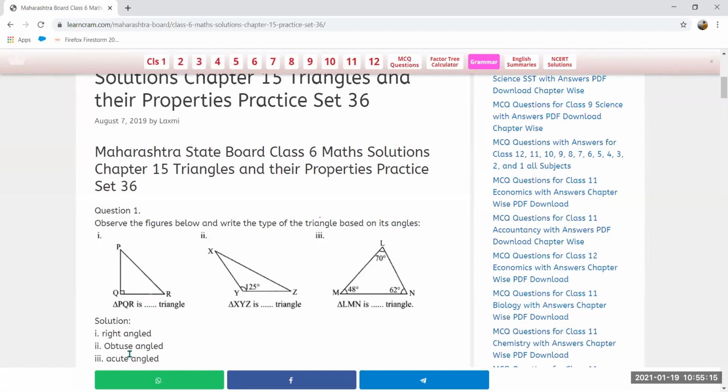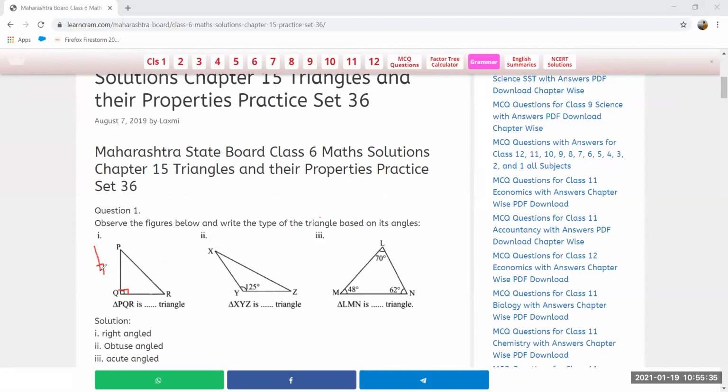Okay. Now if you'll see this figure, if this triangle is there, and here a 90-degree sign is there, this is known as the 90-degree sign.